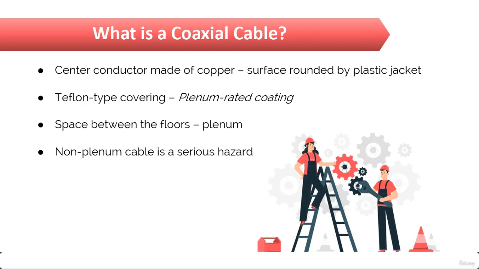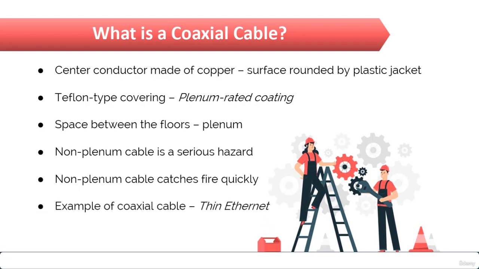Plus, non-plenum cables can actually become wicks for the fire because they quickly help in spreading the fire instead of avoiding it. Now, because it's a great goal to prevent towering infernos, the National Fire Protection Association, that is the NFPA, demands that cables run within the plenum have been tested and guaranteed as safe.